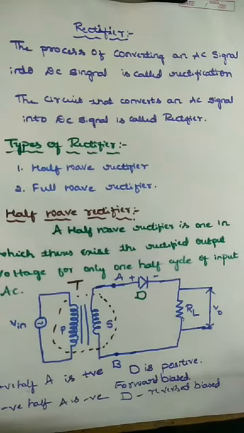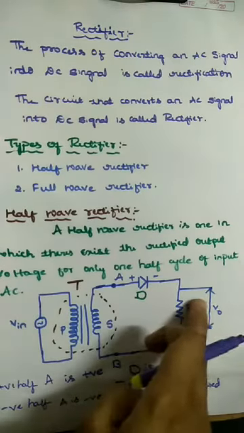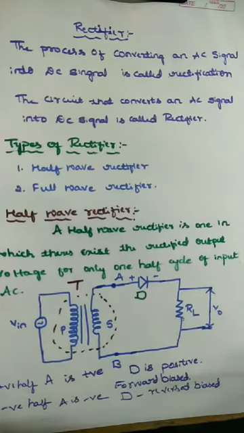As a result, no output is obtained across the load resistance. Thus output is obtained only during one half of the input cycle. Hence the circuit is referred to as a half wave rectifier.